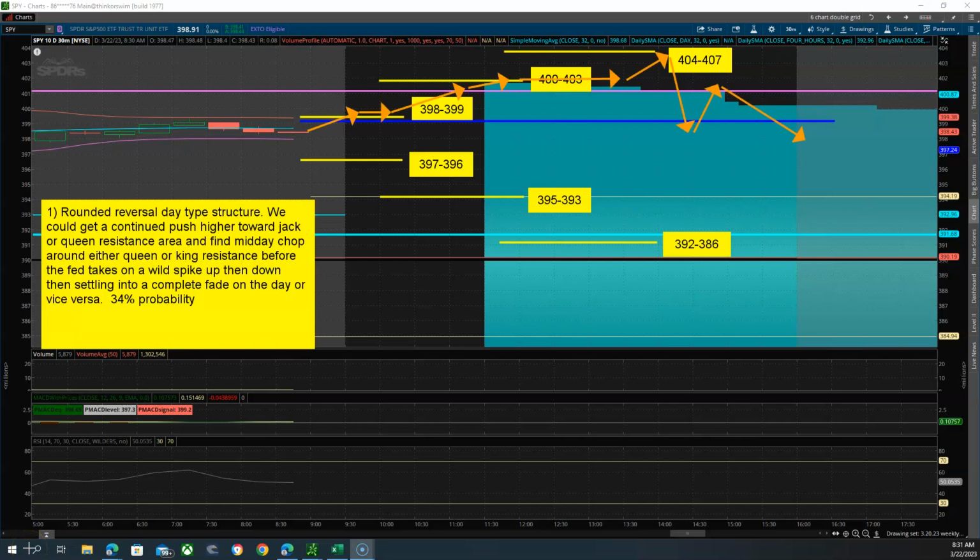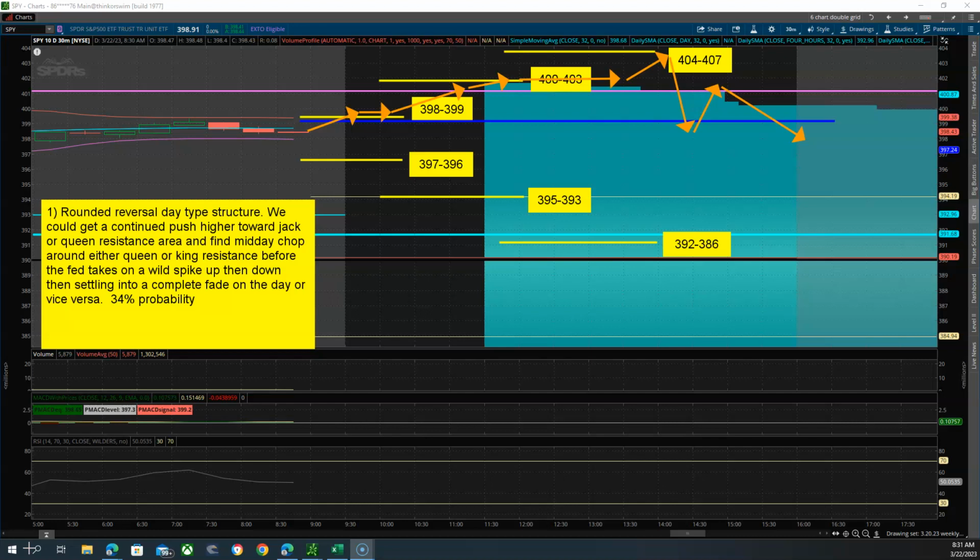All right, here we have our first scenario of the day. And again, we come into the day with two scenarios sitting around the same probability. The first one that I have is going to be our rounded reversal day type structure.